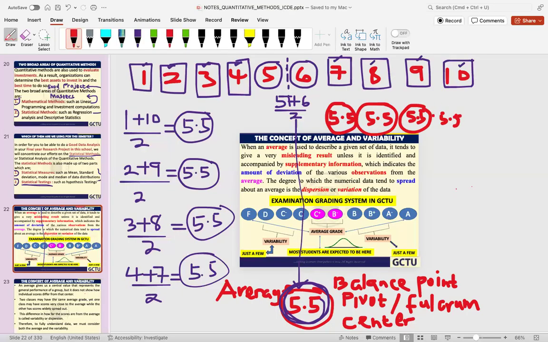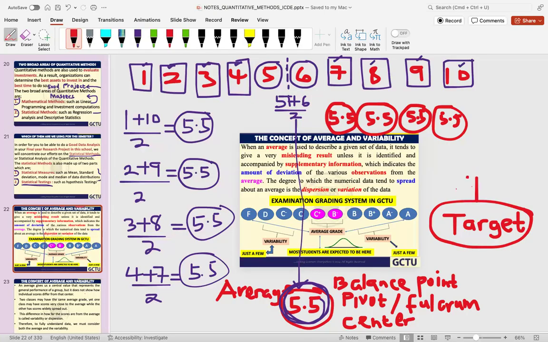In other words, any of the numbers on the line, because we've been able to successfully identify the center, you can use it to represent all of them as the center. So if you're a business person and you have set what we call your target, your target is the average.